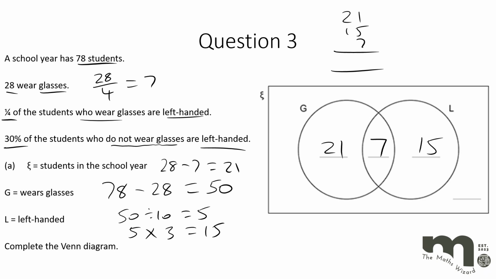So a good chance to practice your arithmetic here. 7 add 5 is 12, add 1 is 13, carry 1 over, 2 add 1 is 4, so we've got 43, then 78, take away 43, that's going to give you 8 take away 3, which is 5 just there, 7 take away 4 will give us 3, so that's 35. So there's going to be 35 people on the outside of that diagram that are basically right-handed and don't wear glasses.